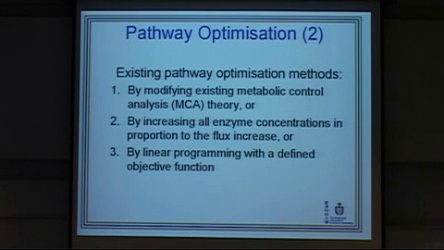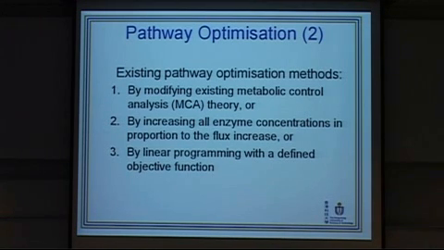Okay, so there are a number of different optimization processes available. The classic one in metabolic engineering is the metabolic control analysis theory. So that's well established, and if you have enough information available, it will certainly identify which enzymes are causing problems.